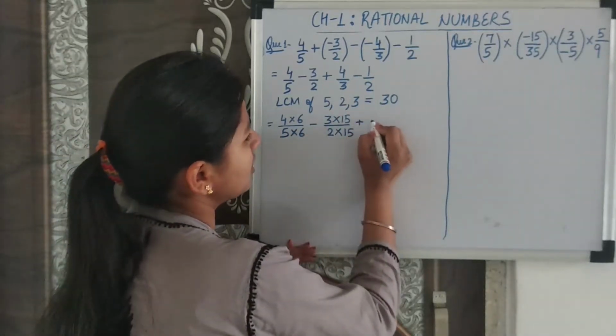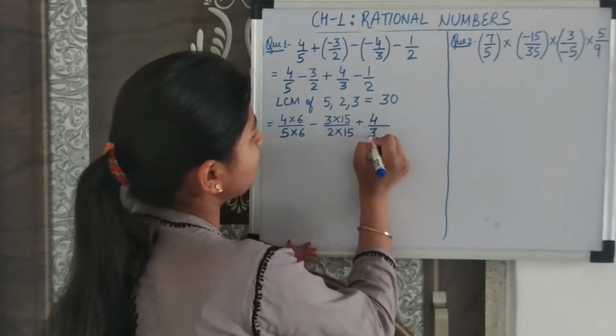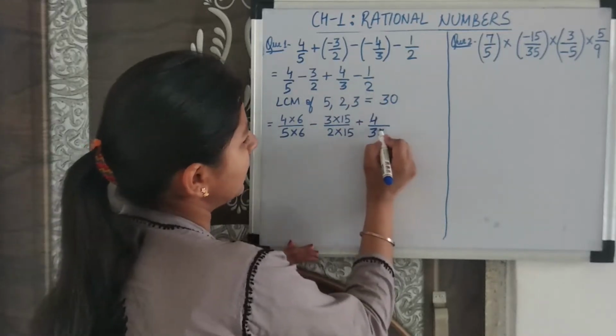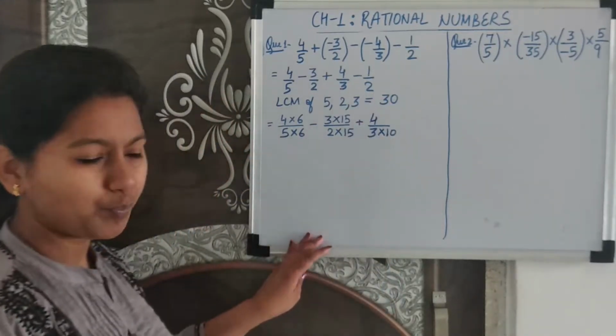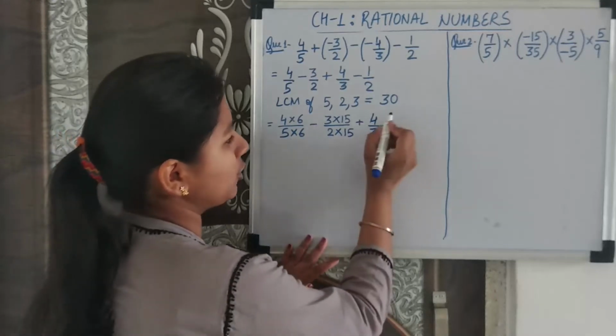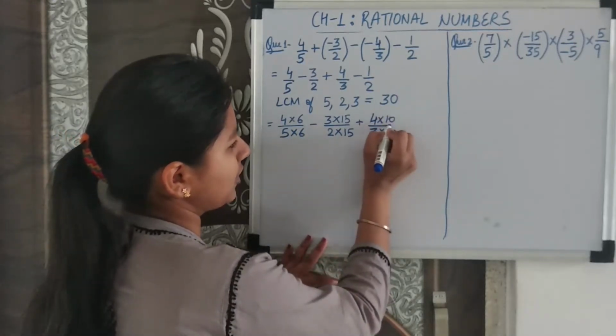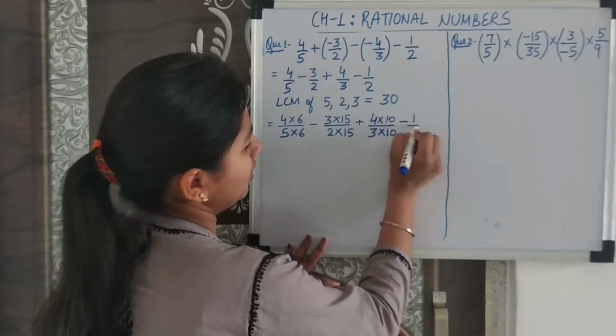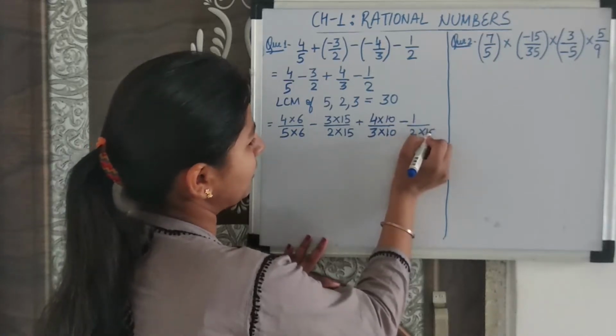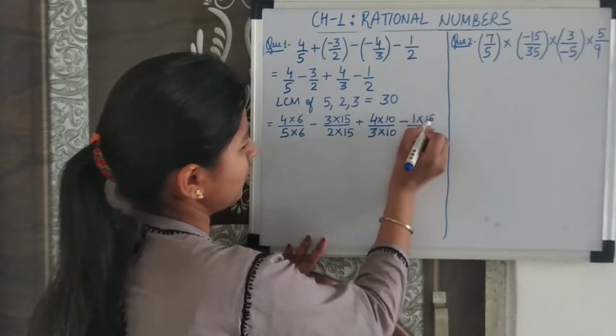Now next is 4 by 3. 3 will become 30 when I multiply this by 10. The main rule is for the denominator only, so you have to check the denominator first. Then this 2 should be multiplied again by 15. Here also 15.